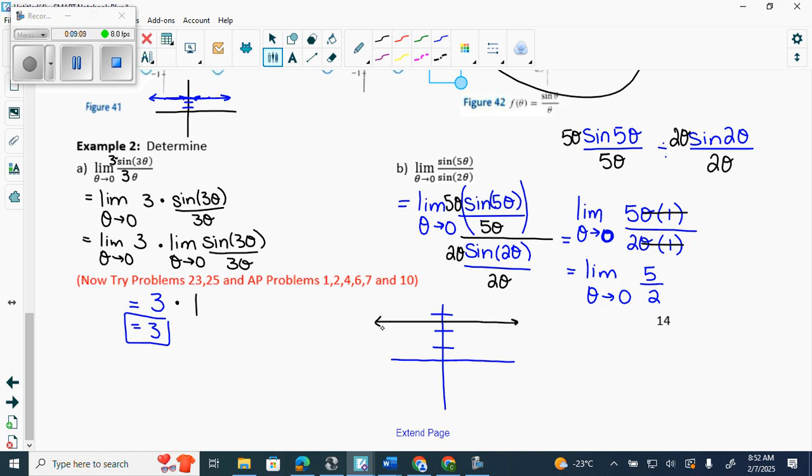Yes? As I'm approaching 5 over 2 from the left of 0 and the right of 0, what does it equal? Yeah, 2.5, 5 over 2, right? Constant functions just end up being that. Do we agree?